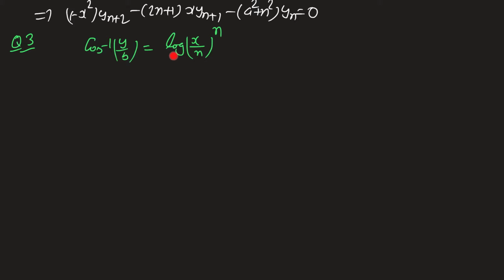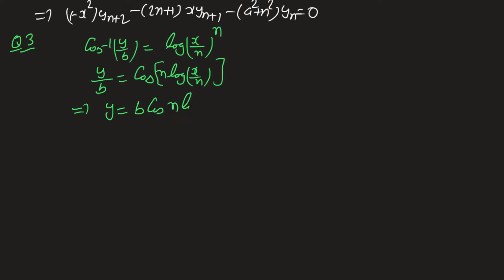Now take this one over there, what will we get? y by b is equal to cos of n log (x by n), and this n will come before this log. So this implies that y is equal to b cos (n log (x by n)).